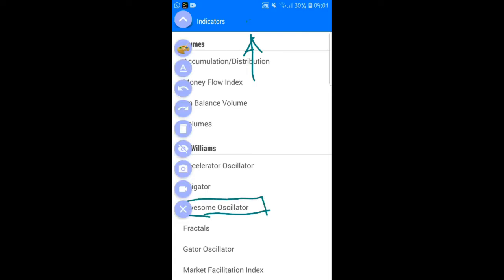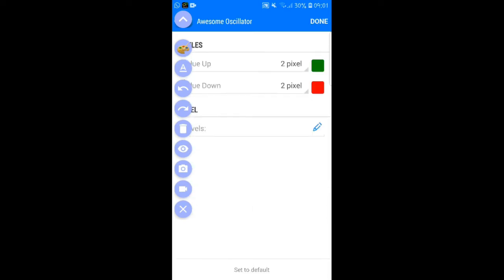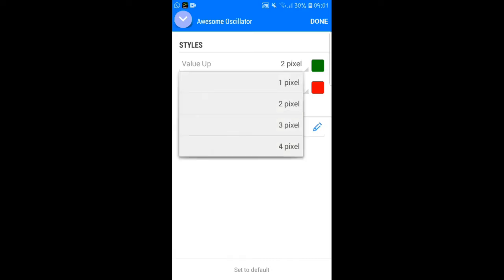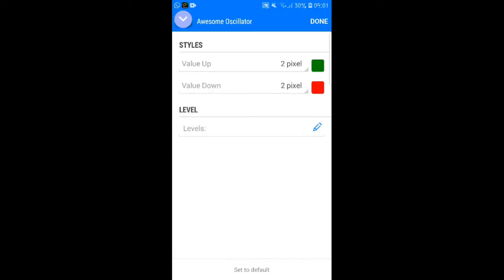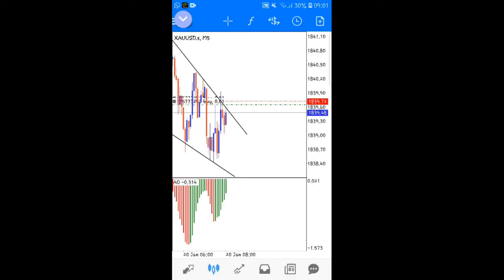It's very good because I use it to check convergence or divergence. So let's click on it. You don't change any setup, you can change to 3 or 4 if you want, but I like to maintain it, levels, everything. Then you click done, so it's here.